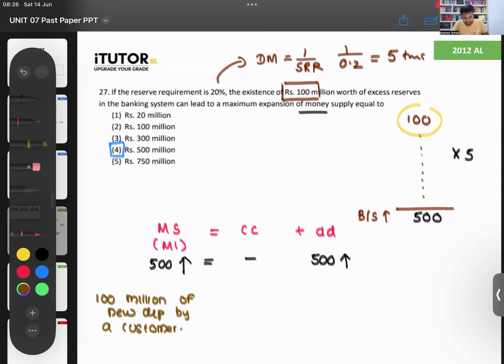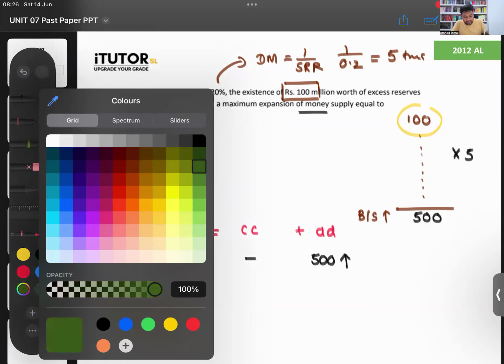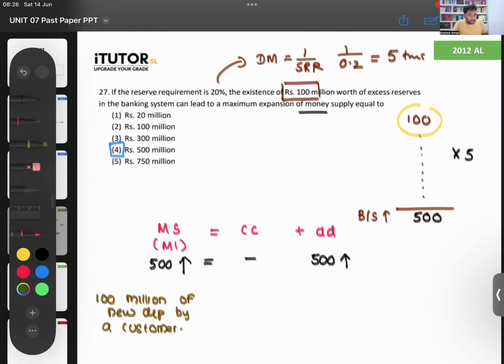So if a customer comes and deposits 100 million, your deposit multiplier is 5 times. So this thing will work as it is. This 100 would have got multiplied by 5, and demand deposits in the banking system in total would have increased by 500. So that 500 will include that initial 100 as well. So demand deposits will increase by 500, but a customer is depositing 100.